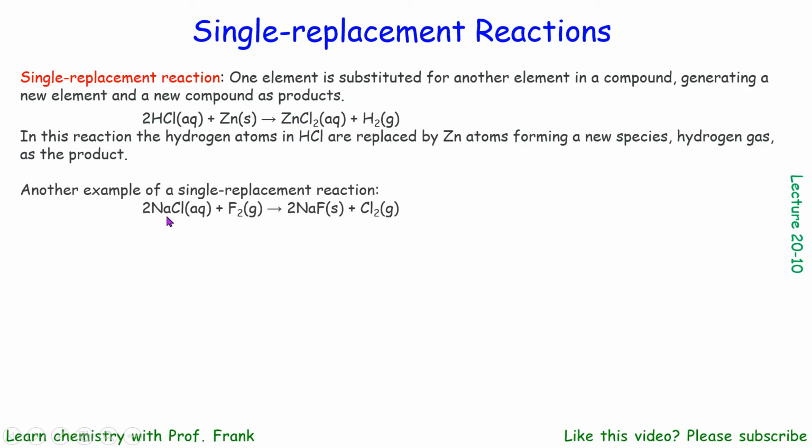Another example, sodium chloride reacting with fluorine. Fluorine replaces chlorine, and then it forms a compound with sodium. That's sodium fluoride, releasing chlorine gas.